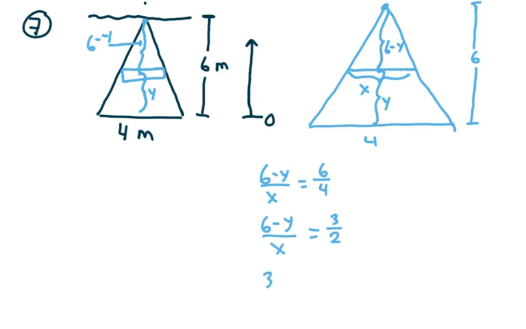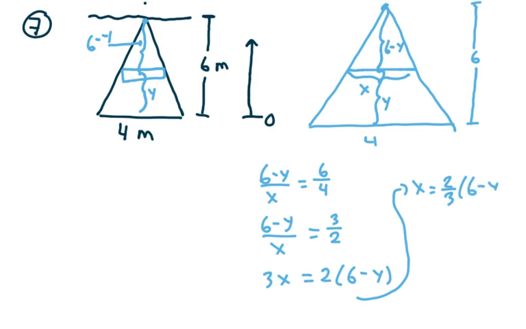So 3x equals 2 times 6 minus y. So I just cross multiplied. So I'm going to say x equals 2/3 of 6 minus y. So x is 4 minus 2/3 y. So that's x.